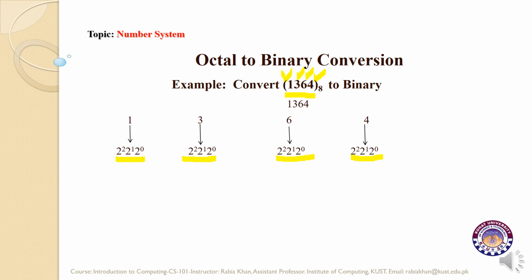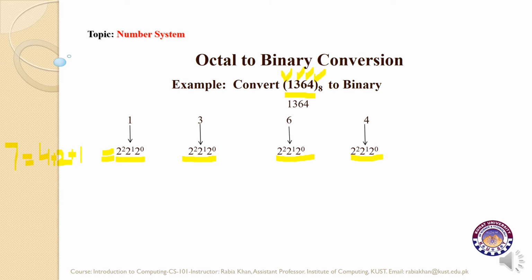In order to generate 1, we have 2 raised to power 2, 2 raised to power 1, and 2 raised to power 0, which are equal to 4, 2 and 1. If you add all of them, it will generate the number 7.